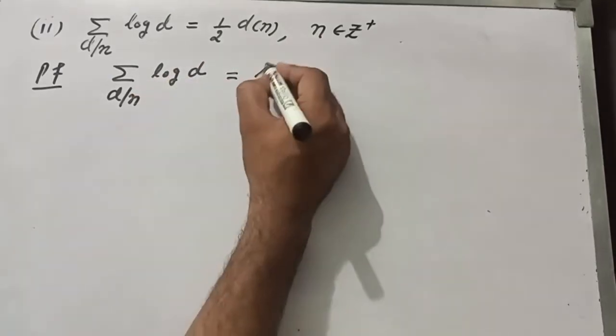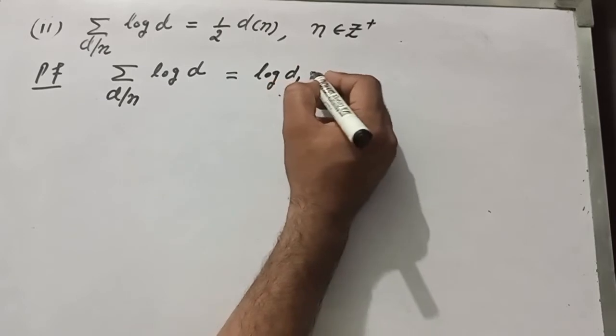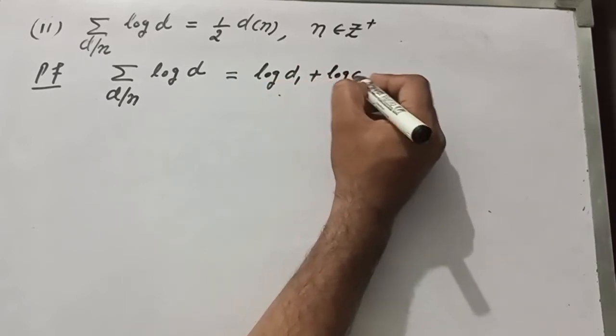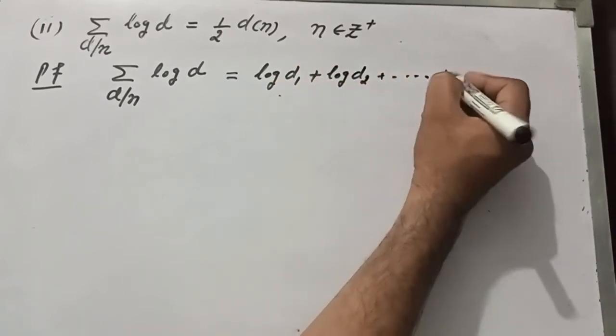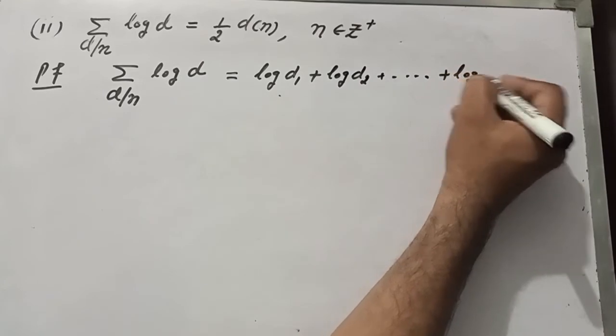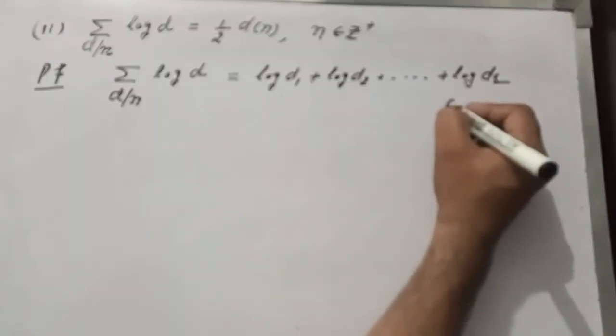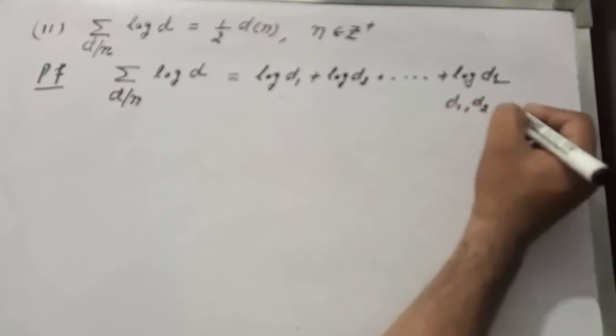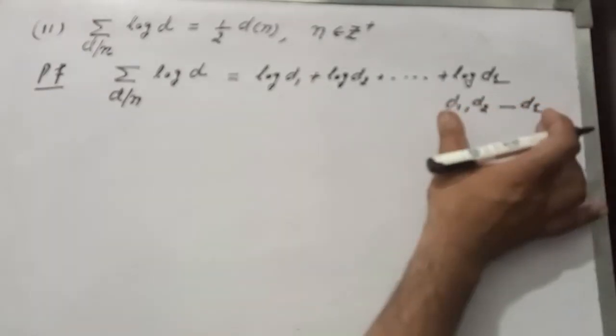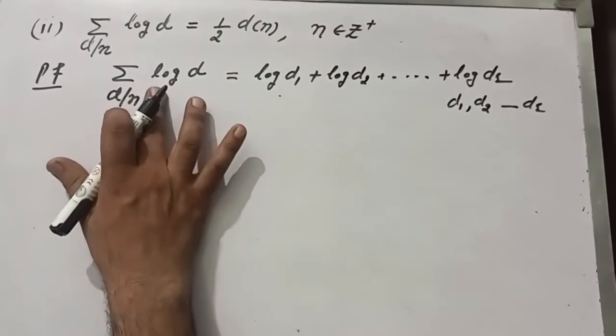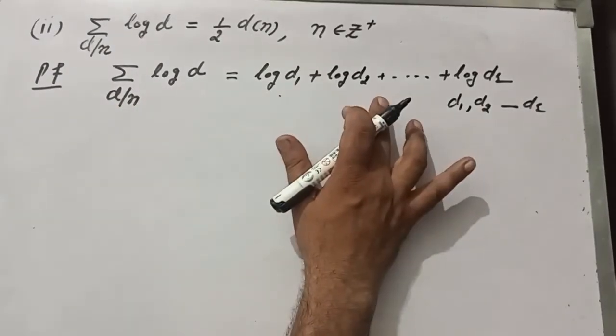First we will expand this as logarithm of d1 plus logarithm of d2 plus up to logarithm of dr. What we have done is assumed that there are r divisors d1, d2, up to dr. So this expression turns out to be this one.